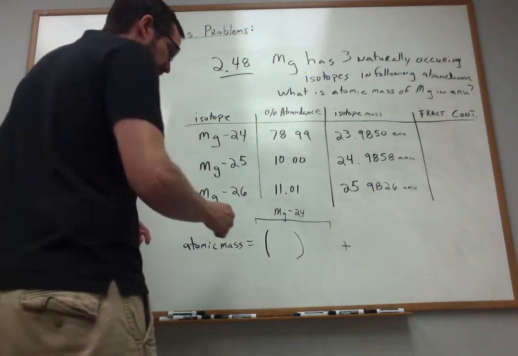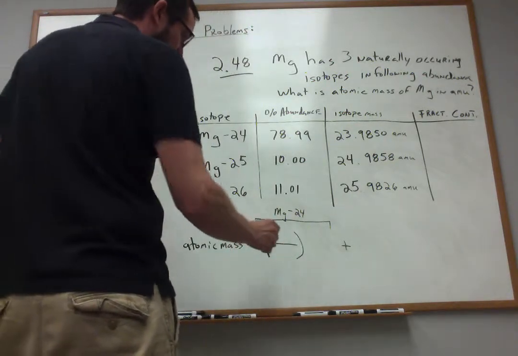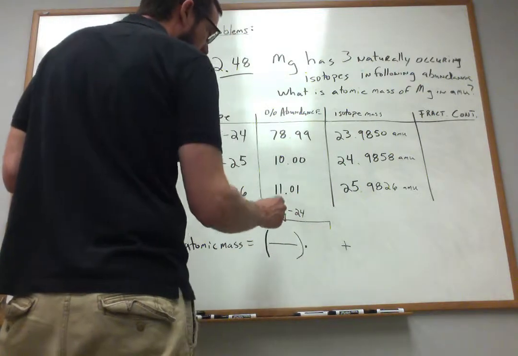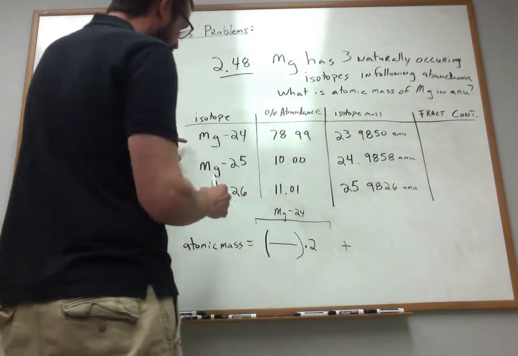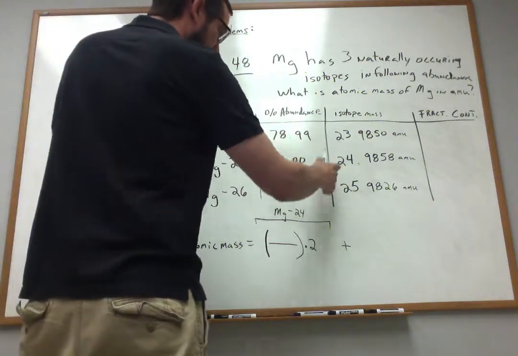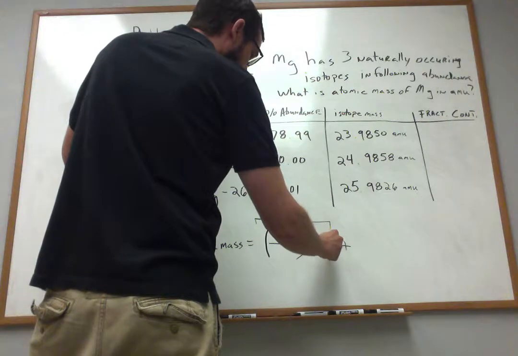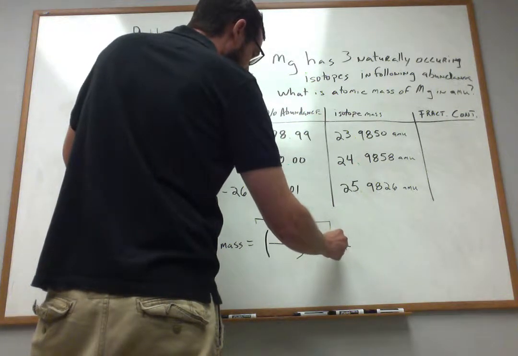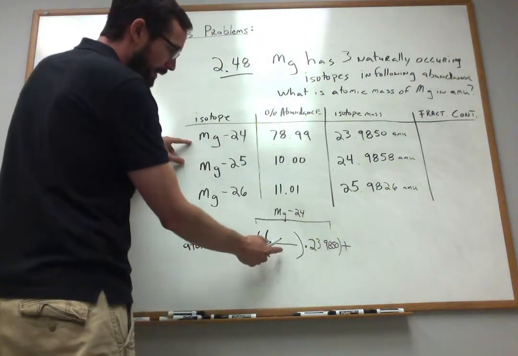But basically what we need to do is take what's called the fractional abundance and multiply that by the mass of that particular isotope. So the mass of magnesium 24 is this number, 23.9850. So we'll take that mass and we'll multiply it by a fraction.